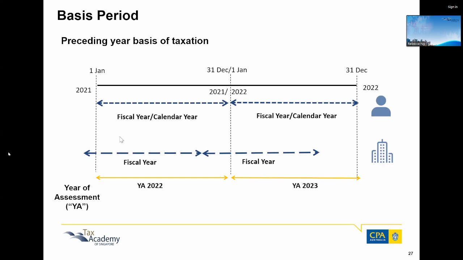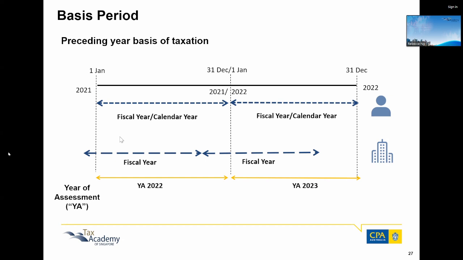So for a more pictorial view, for individuals, we have 1st January to 31st December for 2021 and 1st January to 31st December for 2022. So for YA 2022, the individual basis period will be from 1st January to 31st December 2021. And for YA 2023, an individual will be assessed on the basis period 1st January 2022 to 31st December 2022.